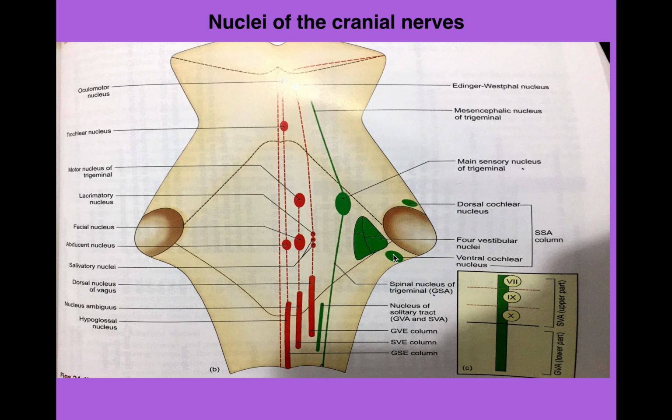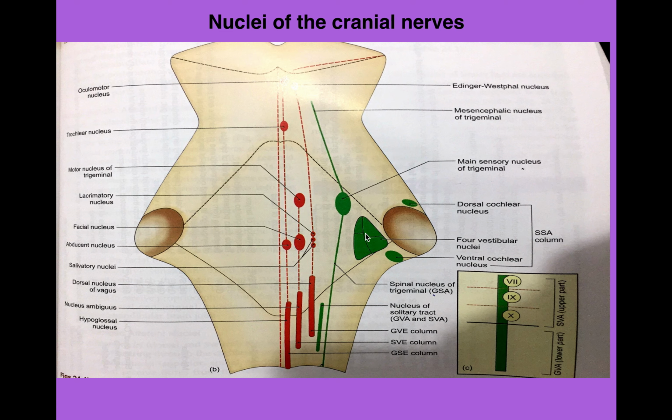And then we have the vestibular cochlear nuclei, where the vestibular cochlear nerve has 2 cochlear nuclei and 4 vestibular nuclei. And these are at the junction of the medulla and the pons.